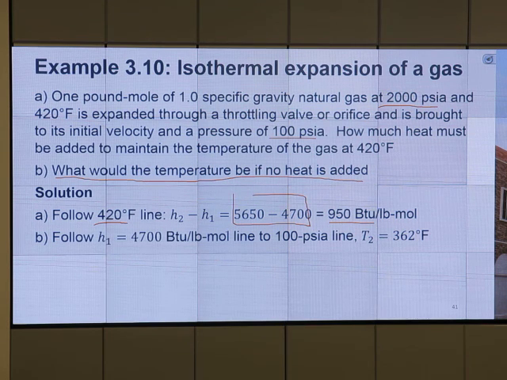So if we have no heat added in, how do we go? Constant what? S or H or what? Entropy or enthalpy? This one is about expansion through a choke. H, right?